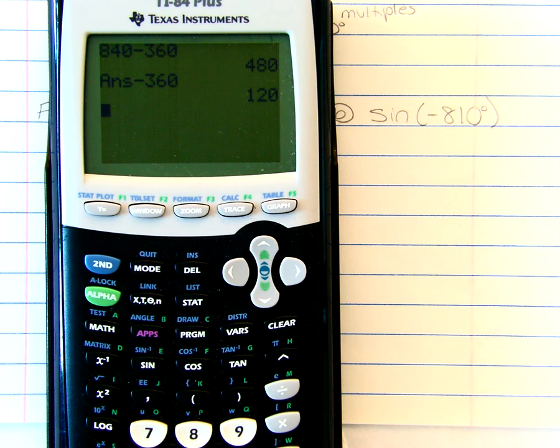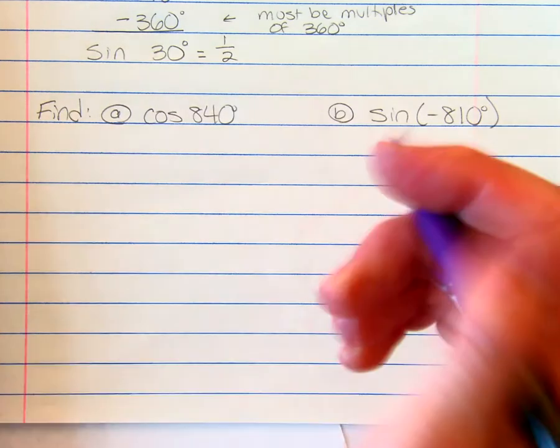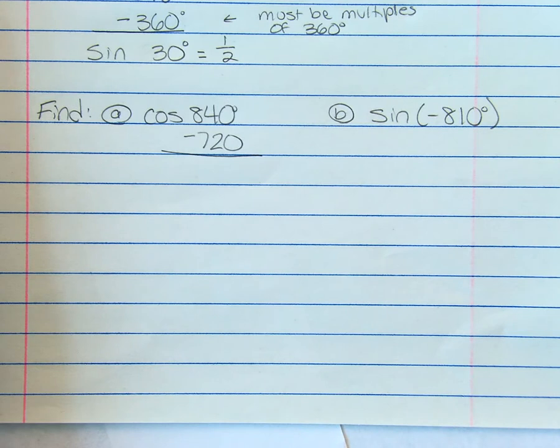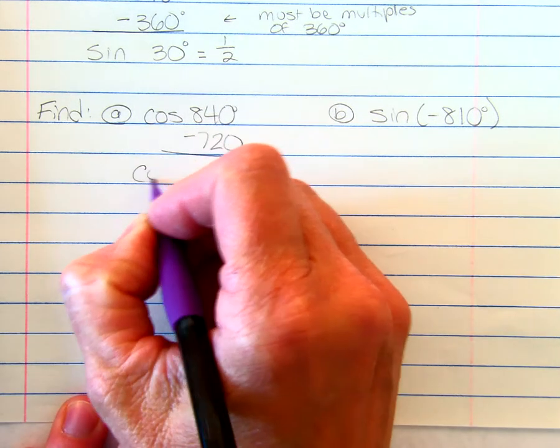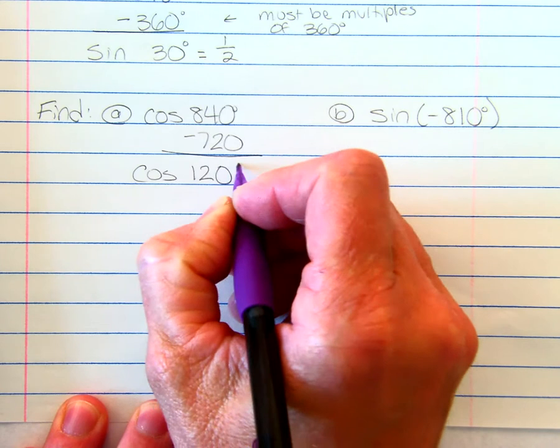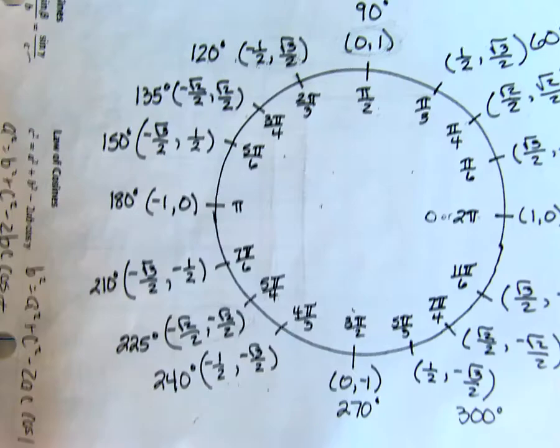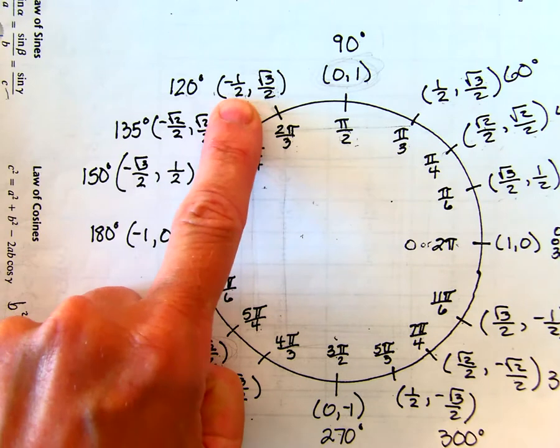Yes, I can. So what I had to do here was take off 360 two times, which makes it 720. So I had to take off 2 rotations in order to find this on the unit circle. So now I can find the cosine of 120 by looking to where 120 is, and cosine is negative 1/2.